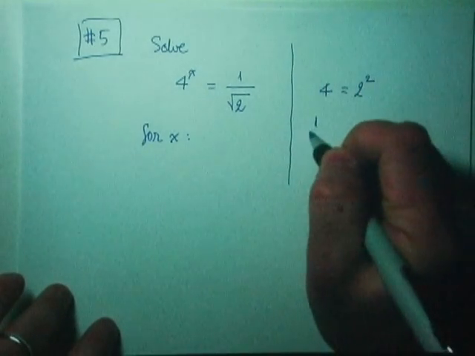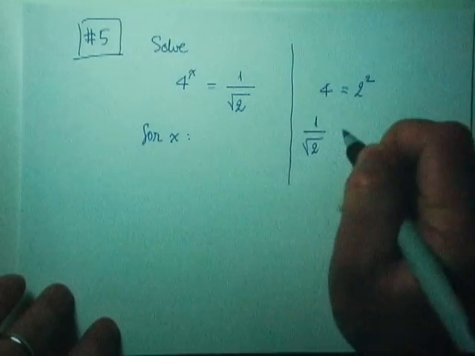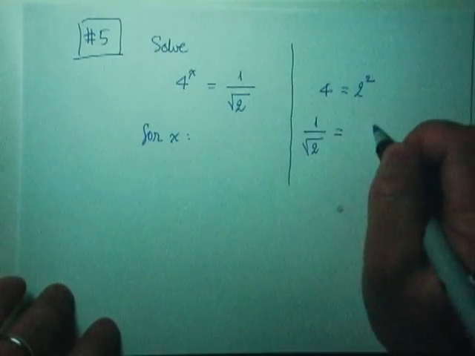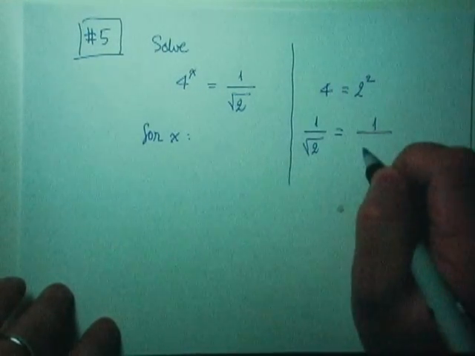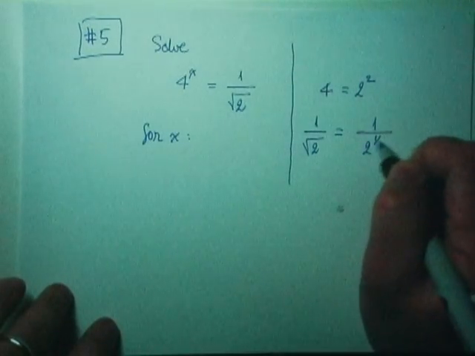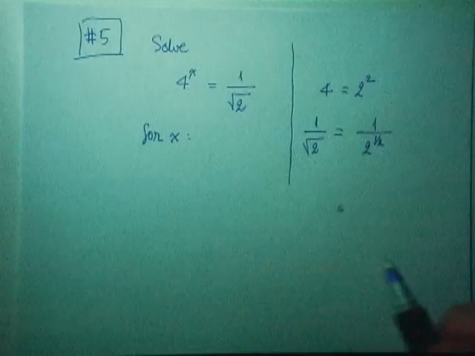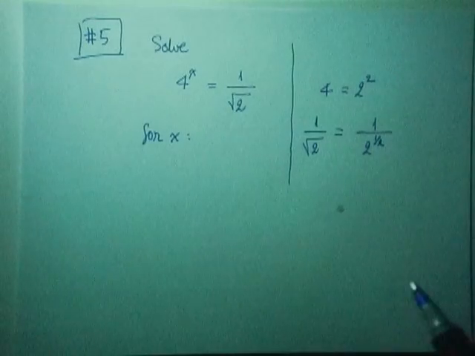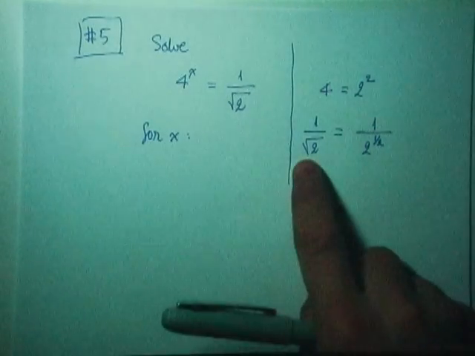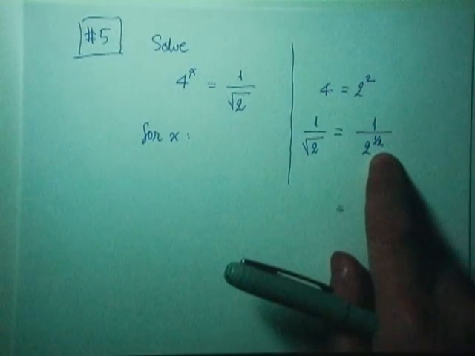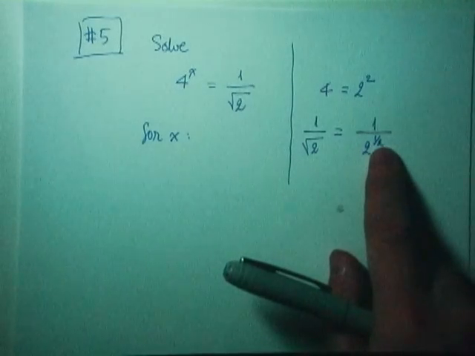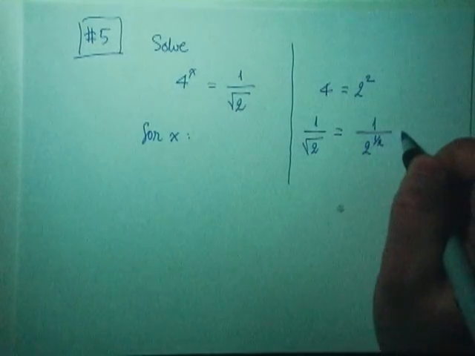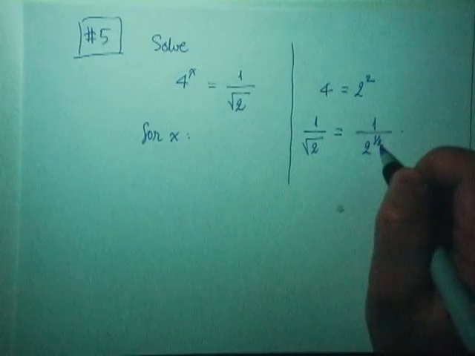Now the quantity 1 over square root 2 on the right hand side can be understood as 1 over 2 to the 1/2 power. And once again, as I have explained in class earlier, a square root can always be understood as a 1/2 power. And so what I have here is 1 over 2 to the 1/2 power in the denominator.